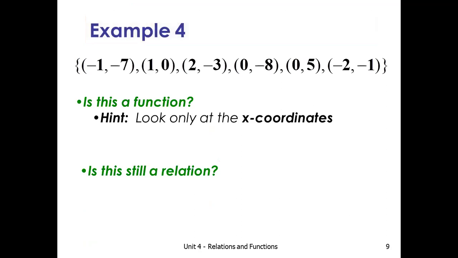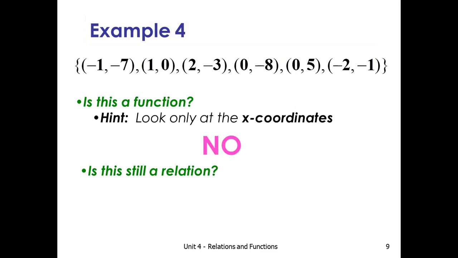Example number 4, we are given a new set of coordinates: (-1, -7), (1, 0), (2, -3), (0, -8), (0, 5), (-2, -1). Is this a function? Okay, again, let's look at the x coordinates: -1, 1, 2, 0, 0, -2.